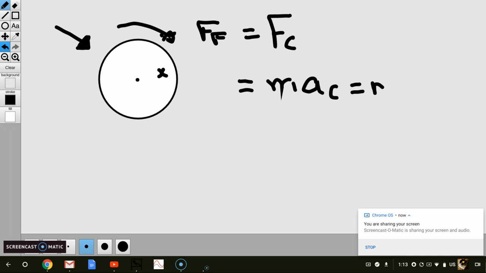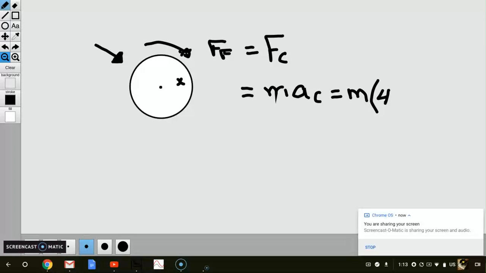So this will be mass, and you'll have to use this version of the centripetal acceleration, but it will be 4 pi squared f squared R. And that will be equal to your centripetal force.